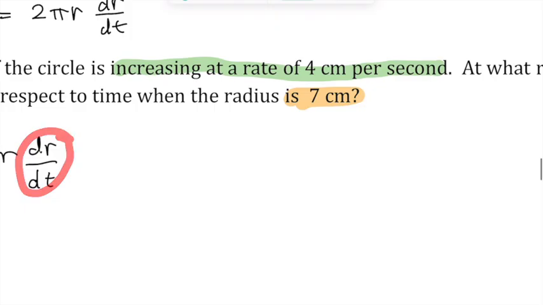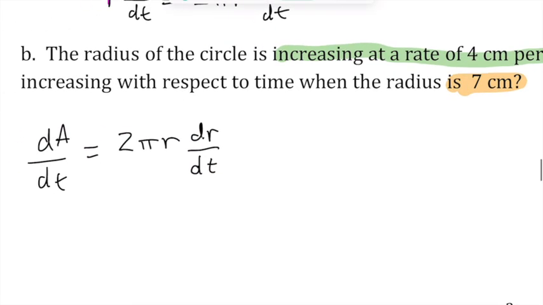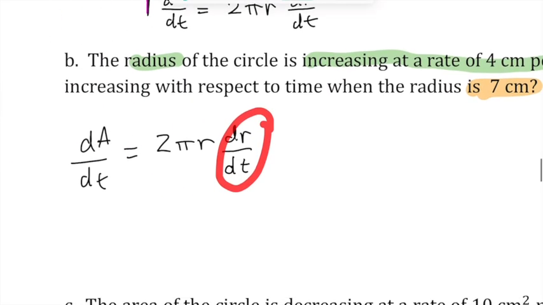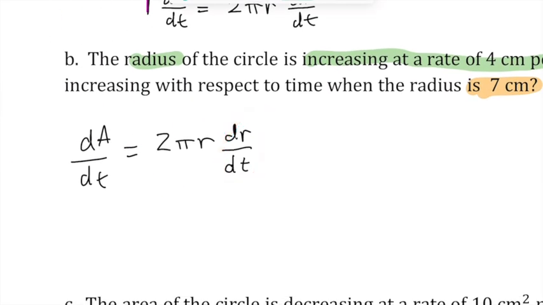So if we look up here, when you say the radius of a circle is increasing at a rate of 4 centimeters per second, that is what this rate is. That's dr/dt, because it's the radius changing with respect to time. So we have dr/dt equals 4.